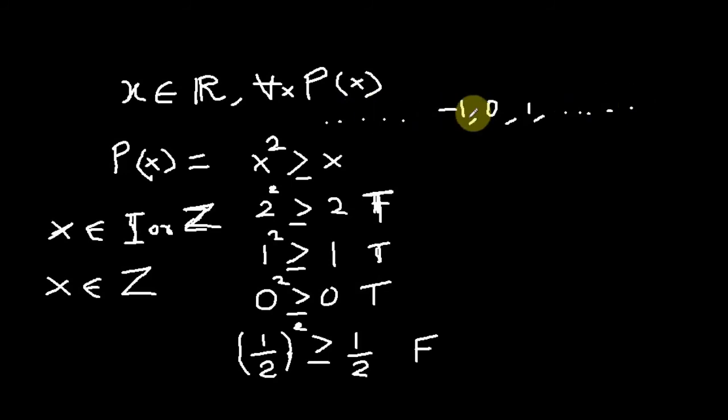If I take any of these infinite positive and infinite negative numbers and 0, then my expression is right, because let's say x square is greater than or equal to x.